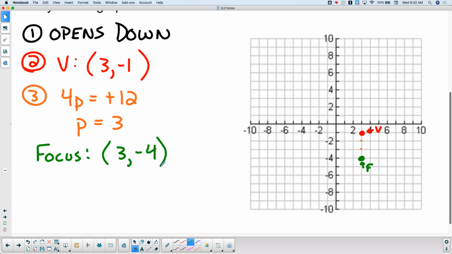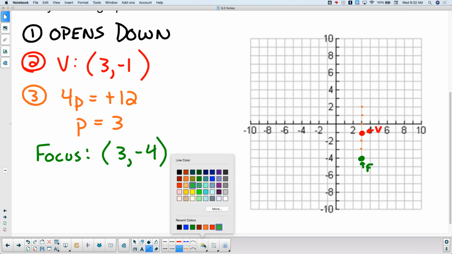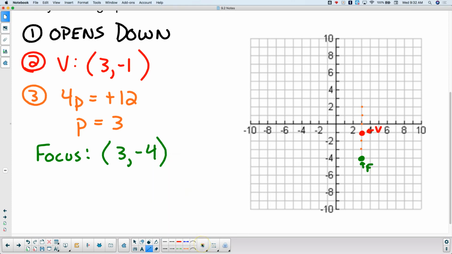P is also the distance from the vertex to the directrix. So since it opens down, which direction then is my directrix? What do you got? Up. So I go up 3, 1, 2, 3, and there is my directrix.